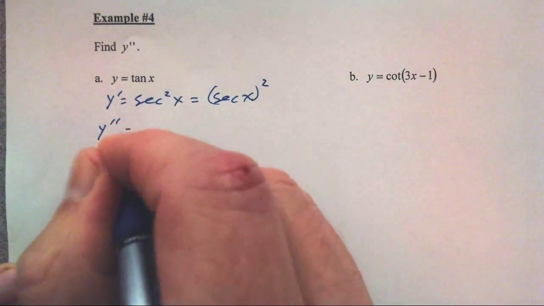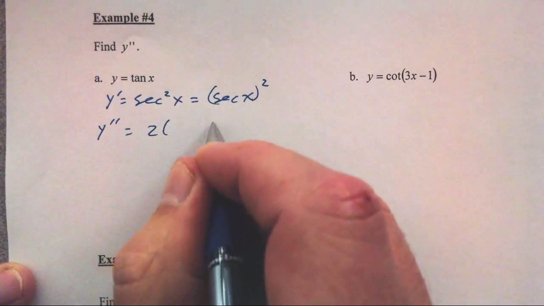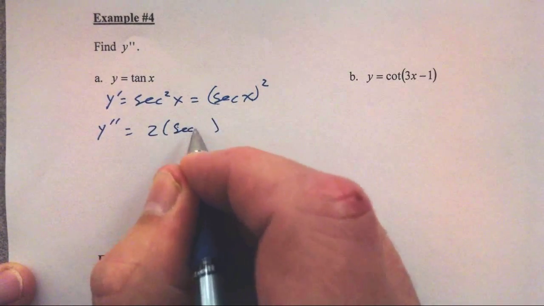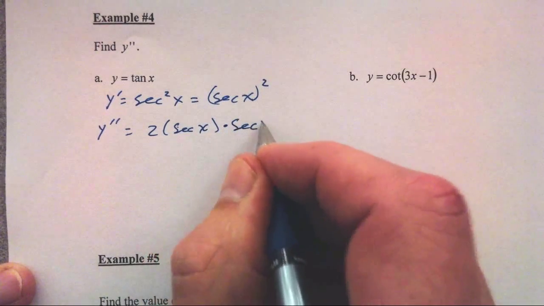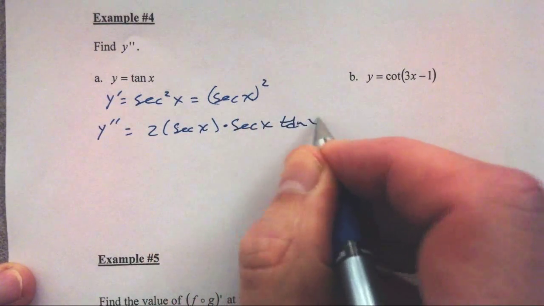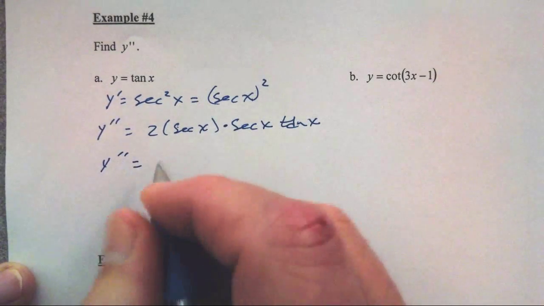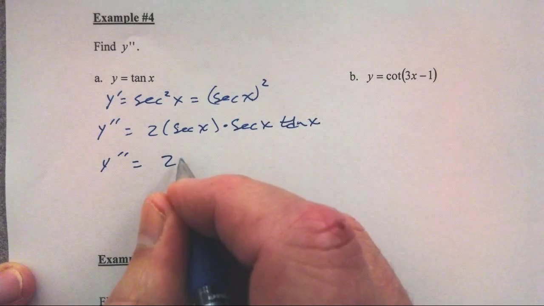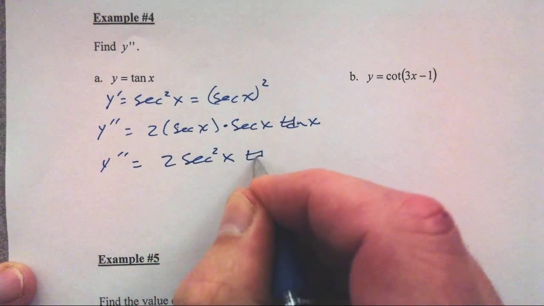So for the second derivative, the mother function is something to the second, 2 times something to the first, leave the baby alone, secant of x, treat the baby, secant's derivative is secant of x tangent of x, so y double prime can be simplified to 2 times secant squared of x tangent of x.